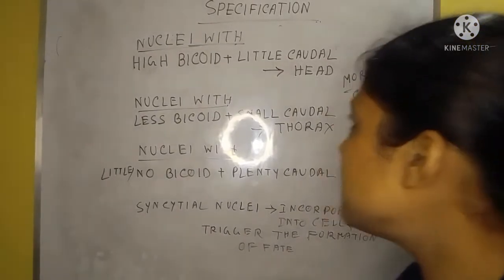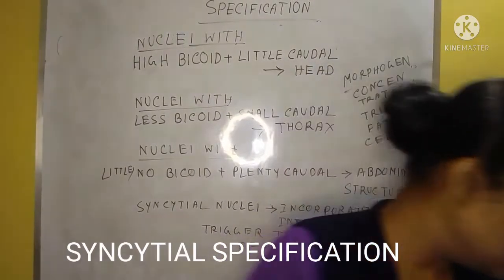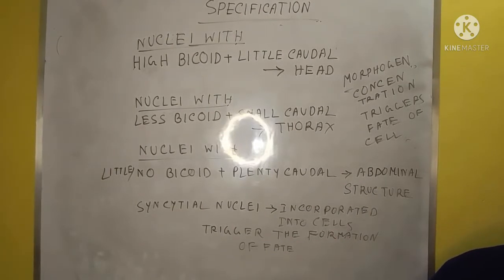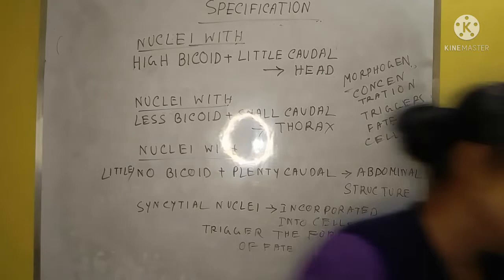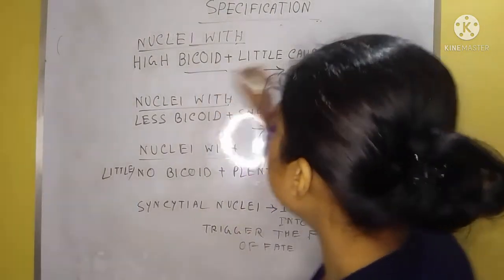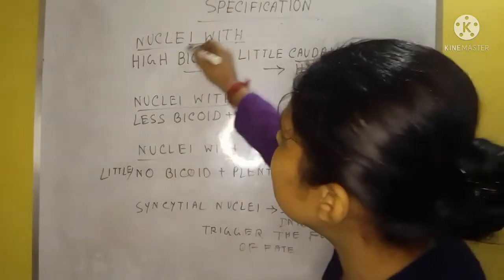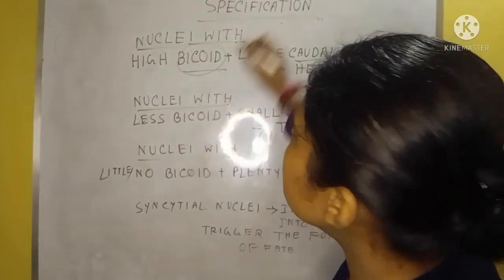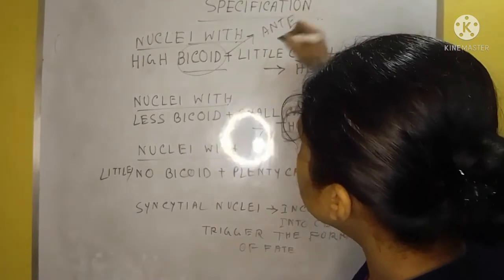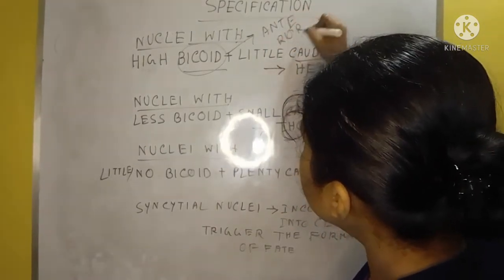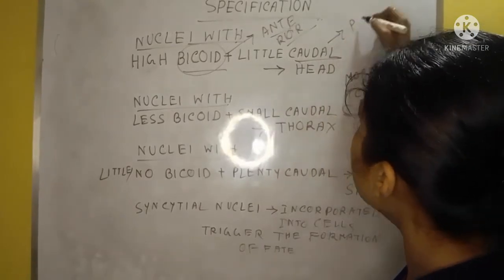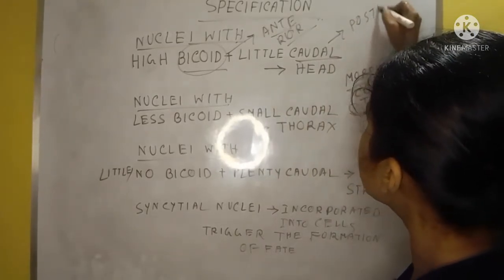This is an example of a syncytial system. Two substances, one is bicoid and another is caudal. Bicoid is generally present in high amount in the anterior portion, and caudal is present in high amount in the posterior portion.